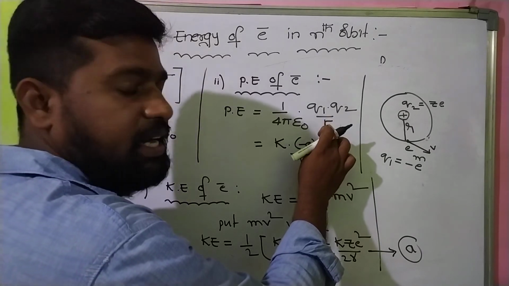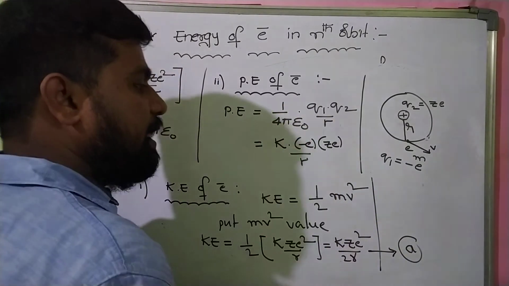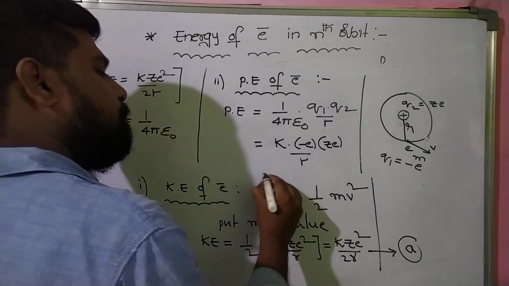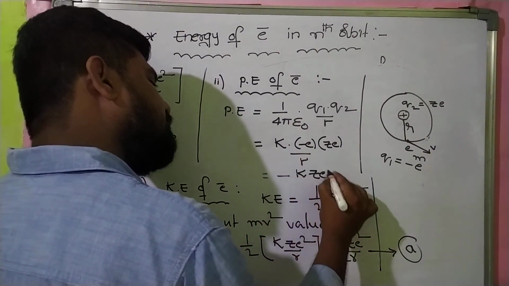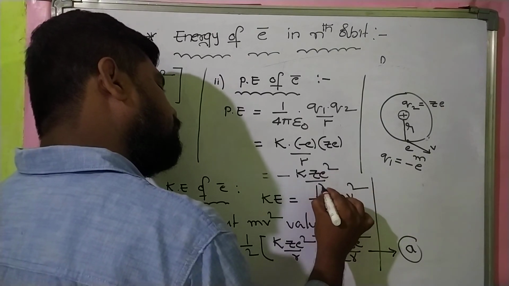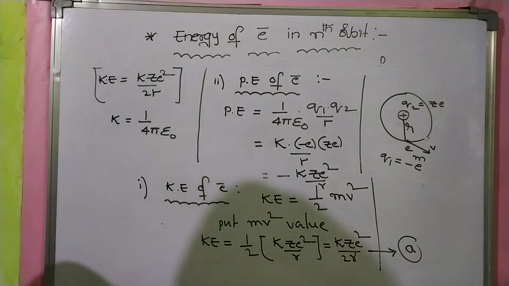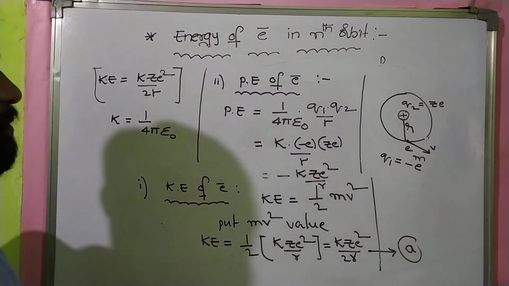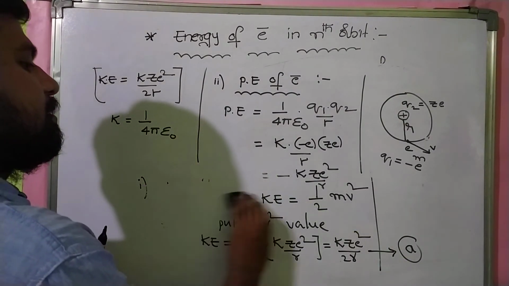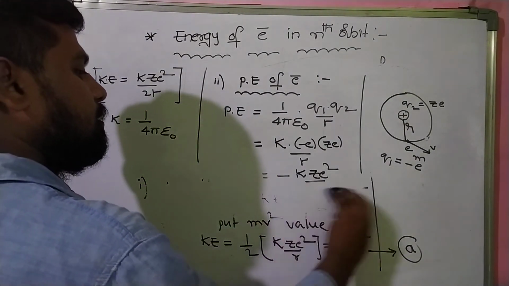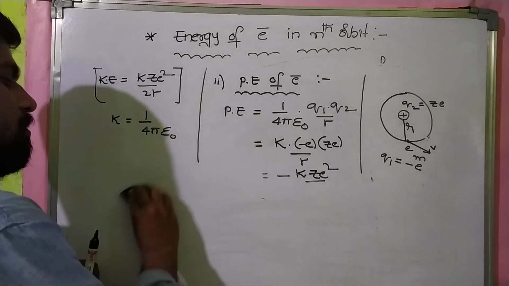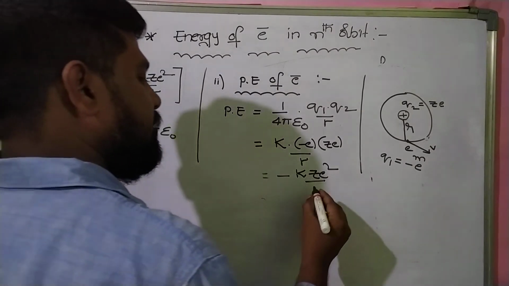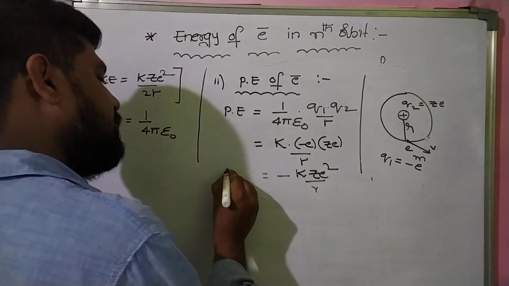So it is simply R, a single R. Now minus K into Z e square by R. So this is the potential energy, PE.